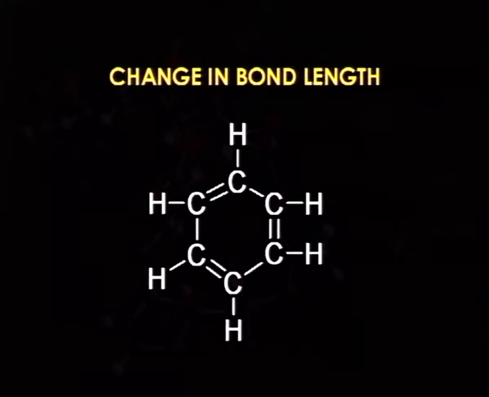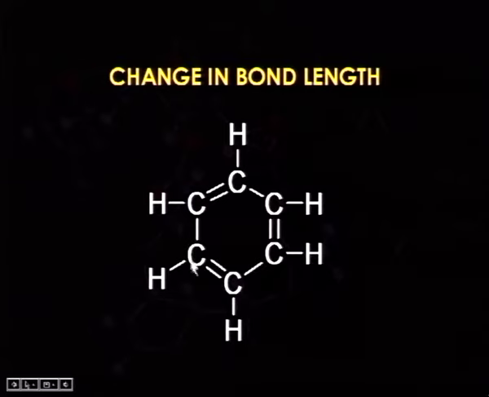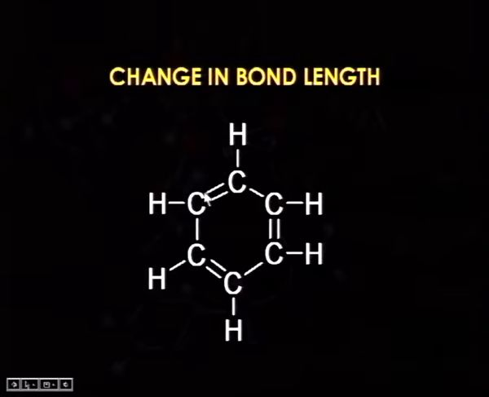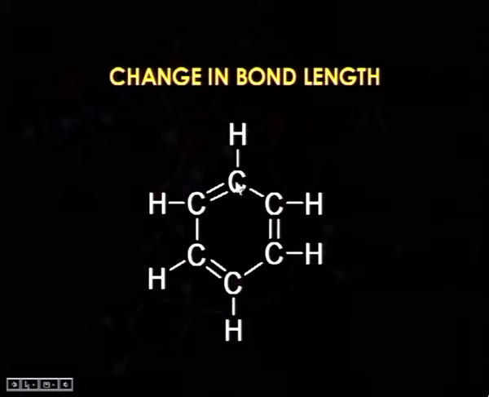Now, the change in bond length observed in the case of benzene. On the basis of this Lewis structure, we expect that this bond length will be equal to the value of a carbon-carbon double bond. However, this bond length will be equal to the value of a carbon-carbon single bond. In the same way, this will be double, then this will be single.